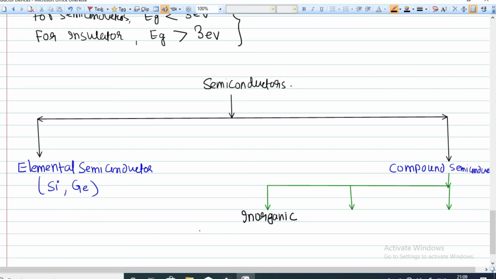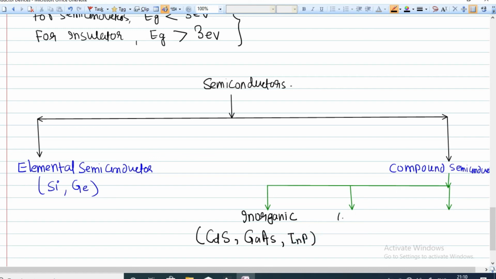In inorganic, we have the examples CdS, cadmium sulfide, then gallium arsenide, GaAs. These are the examples of inorganic compound semiconductors.